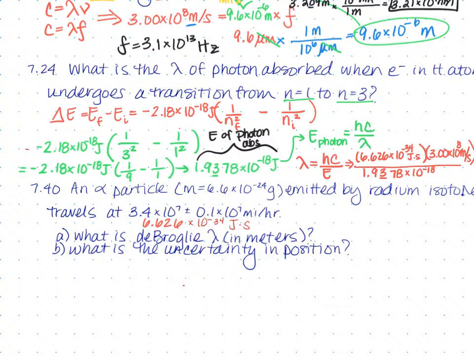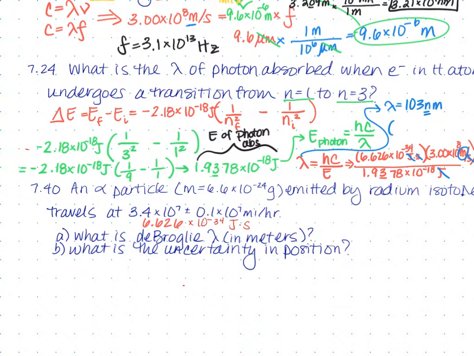So let's look at what cancels out. Oops, I forgot my units. These are joules. So what cancels out is joules and then seconds, so we're just left with meters. I'm going to put my answer up here. Your wavelength that you should get after this calculation is 103 nanometers. I converted to nanometers.